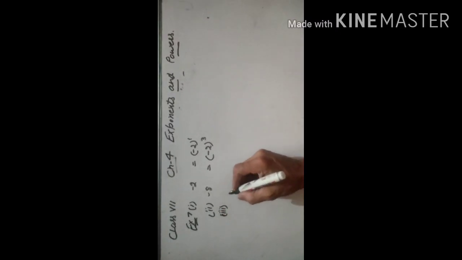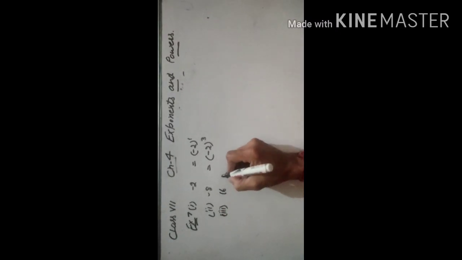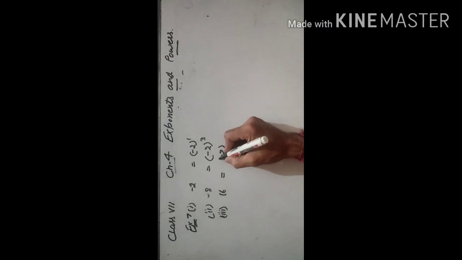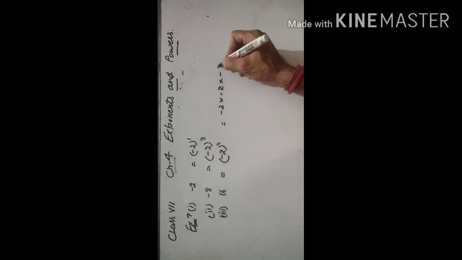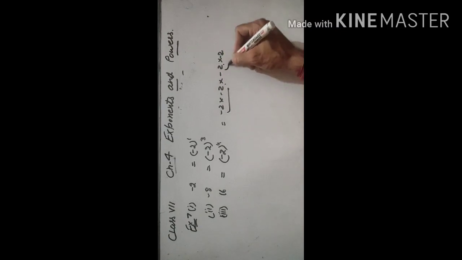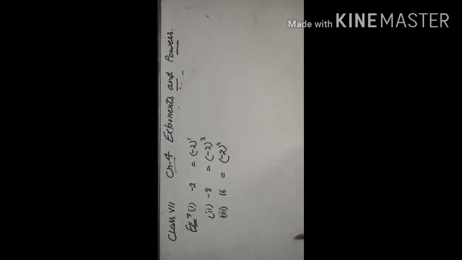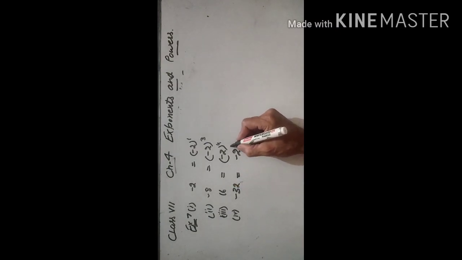Third part is 16. 16 means -2 to the power 4, that is -2 into -2 into -2 into -2, 1 2 3 4, that is 16. Now fourth part is -32. -32 is equal to -2 to the power 5.